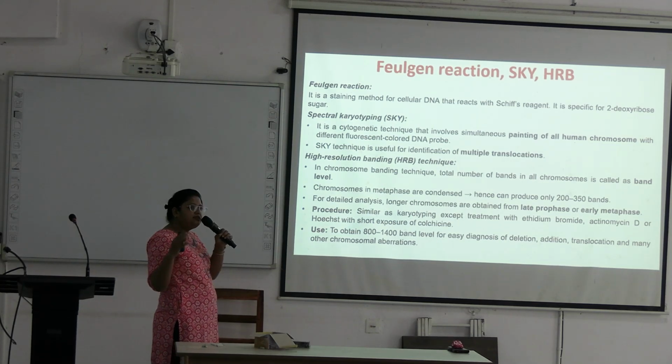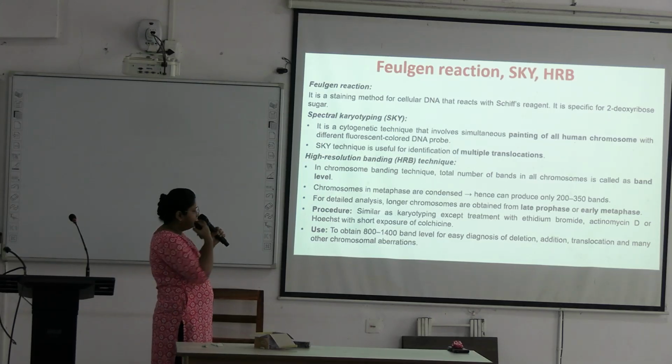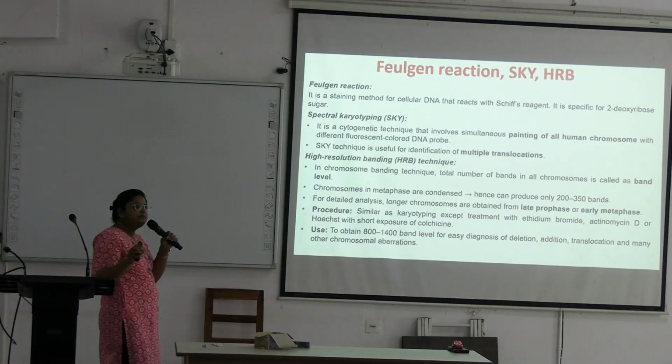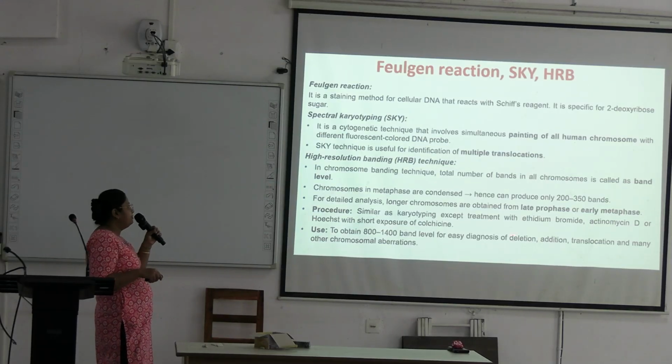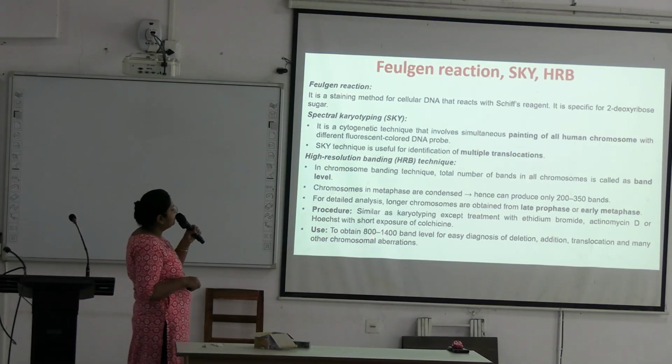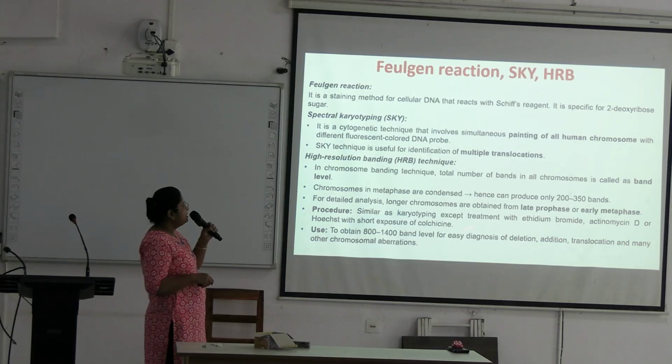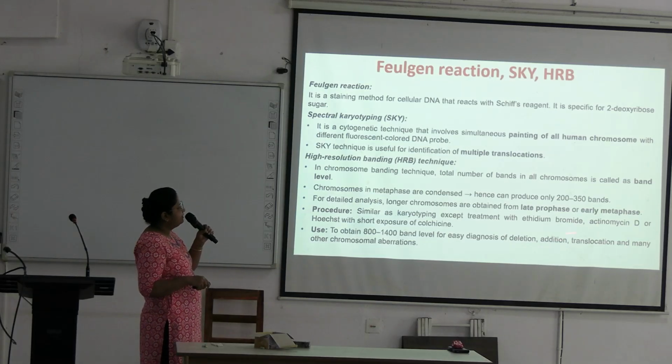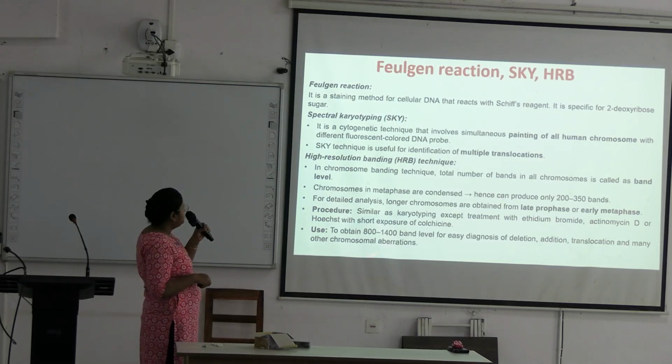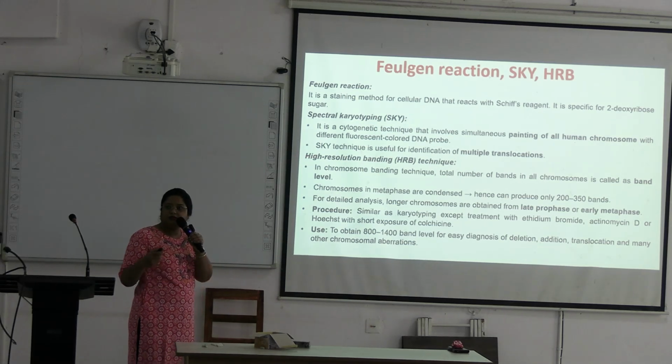Colchicine, the agent, helps in blockage of the cell division process, arrest of cell division, and is used to obtain 800 to 1400 band level for easy diagnosis of deletion, addition, translocation and many other chromosomal aberrations. Normally there were 200 to 350 bands, but in this procedure, high resolution banding, there are 800 to 1400 bands.